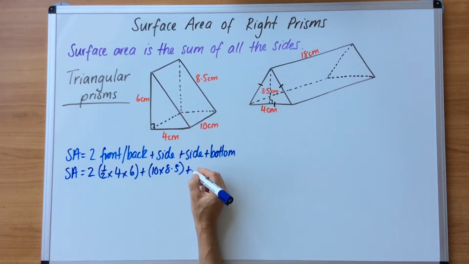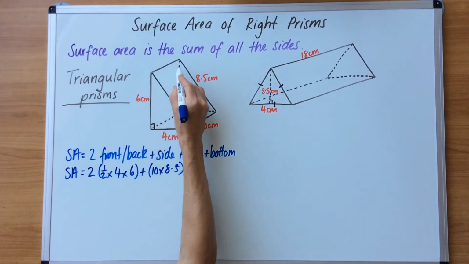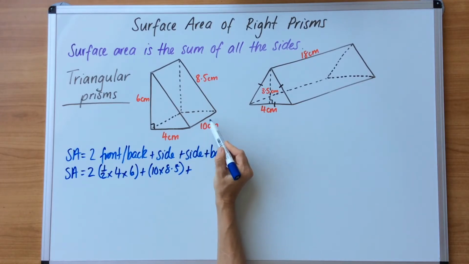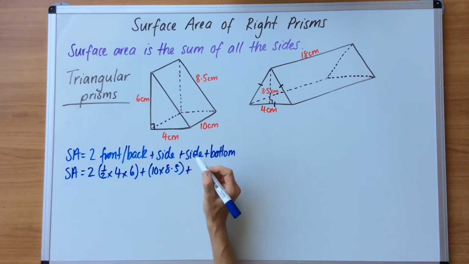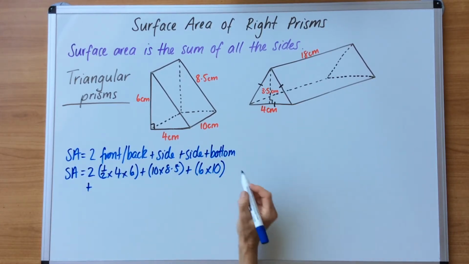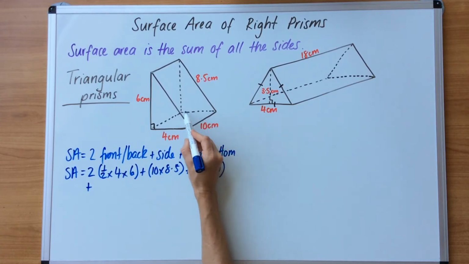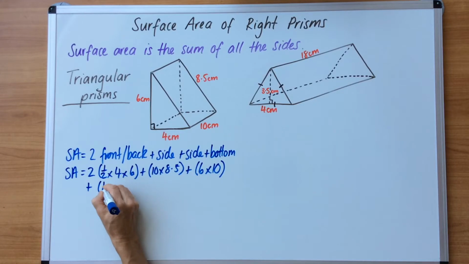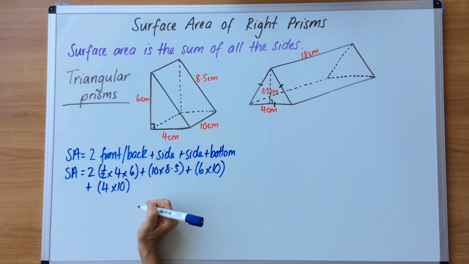We're then going to add another one on. We'll do the one on the back here. So this is a 6, and this number 10 is exactly the same length here. So 6 times 10. And the bottom, which is this 10 and 4. So we open up another bracket, and we can go 4 times 10 and close the bracket.